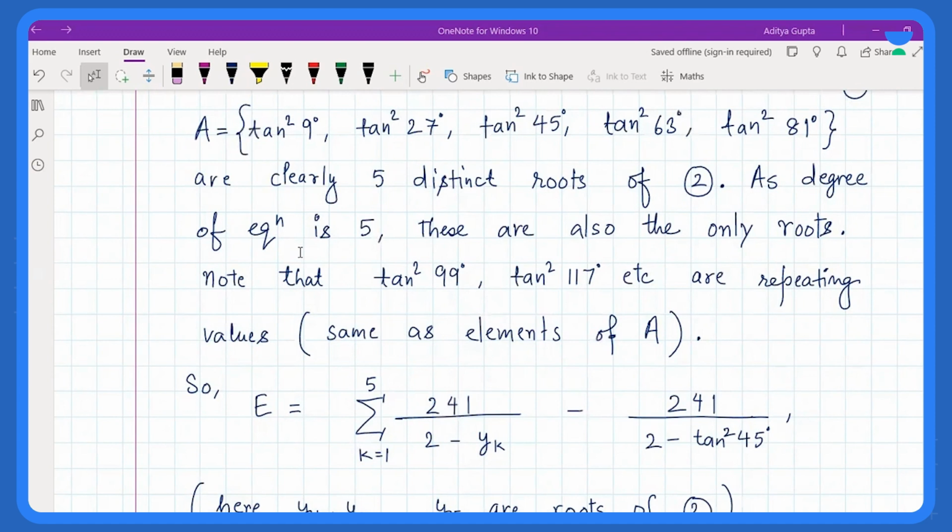But why have I at the end subtracted 241 upon 2 minus tan square 45? The reason is, in this summation, when you put k equal to 3, we will also get 241 upon 2 minus y3. And what is y3 from the set A? It is clearly tan square 45 degree.